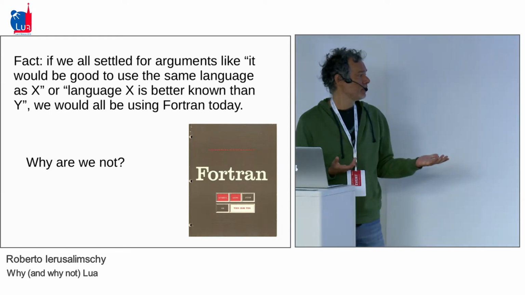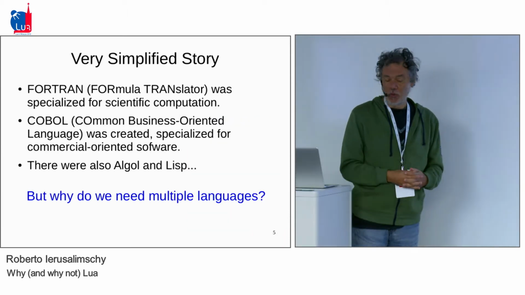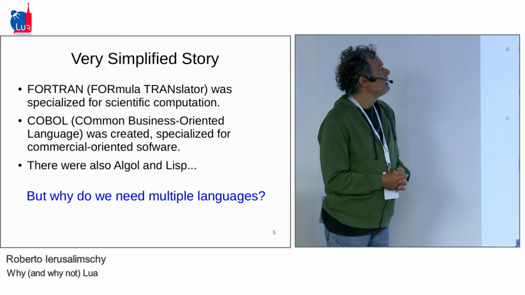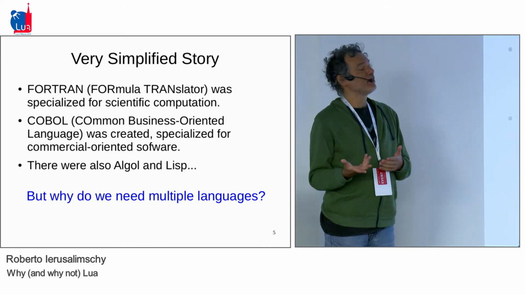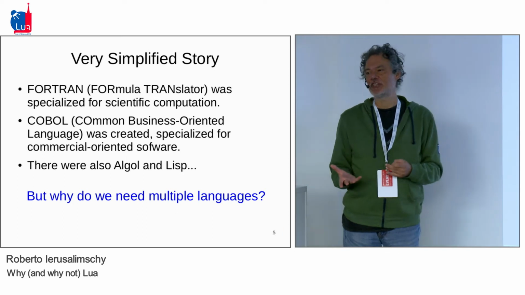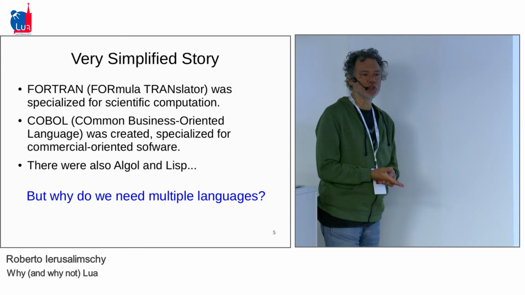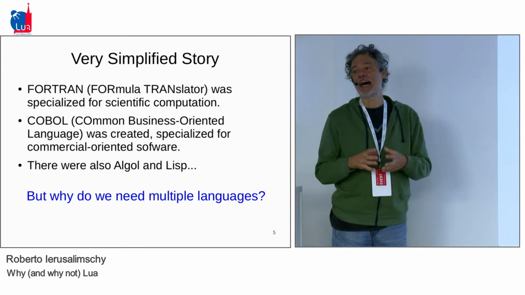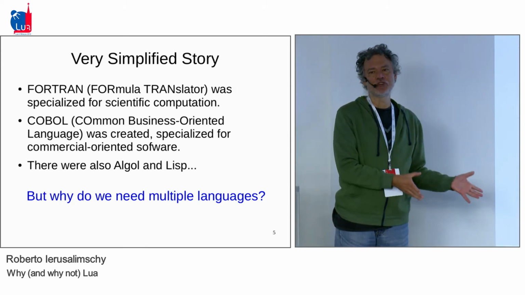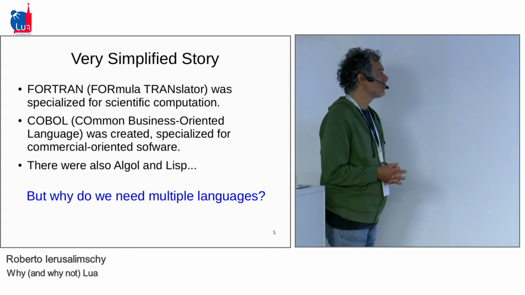And why are we not using Fortran? Well, it's a very, very simplified story. Fortran was a kind of domain-specific language at the time because it was very focused on scientific computation. At that time, even the hardware was different for scientific computation and for what they called commercial computation.